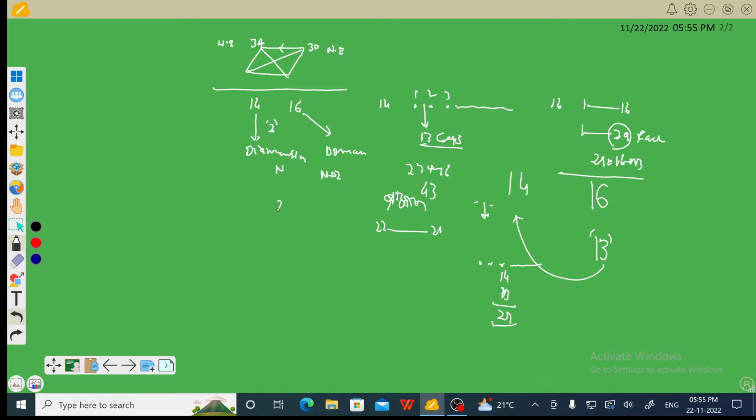And also 27 is equal to the total structural components of a cube.